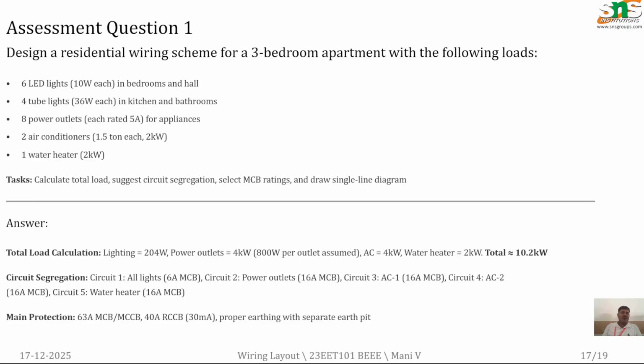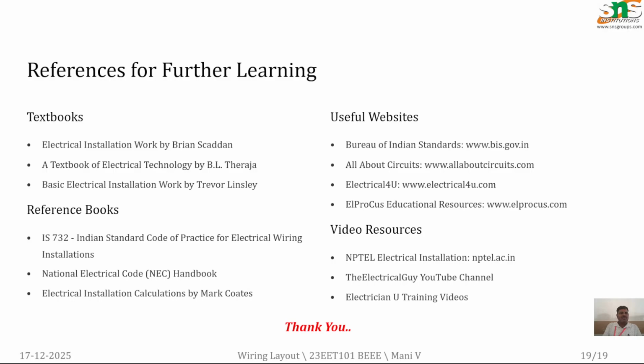Two ACs, each 1.5 tons, that is 2 kilowatts, and one water heater of 2 kilowatts. Here you have to do the load calculation, and based on it, decide whether we need a single-phase or three-phase power supply. Put your answer in the chat box. These are a few references for this topic. Thank you.